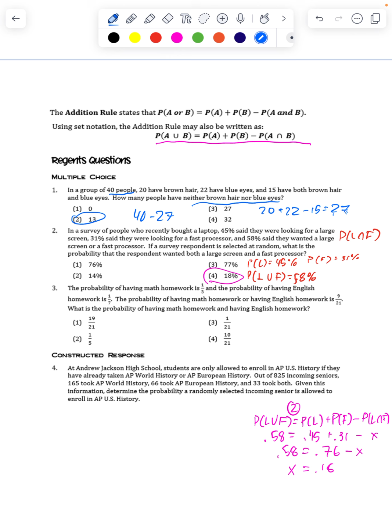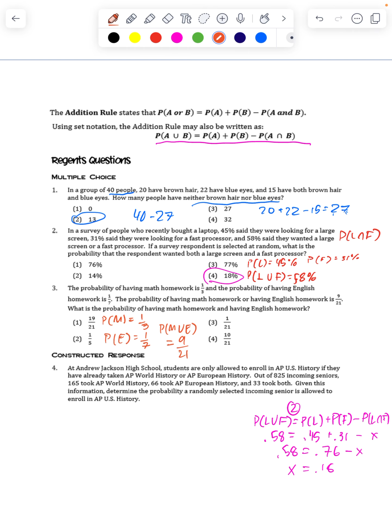So we have a lot of this stuff. So I'm going to break this problem down. The probability of having math, P of M, equals 1 out of 3. And then the probability of having English, P of E, equals 1 out of 7. And the probability of having or, so I could have math homework one day or English homework, probability of their union, math union English, is going to be 9 out of 21.